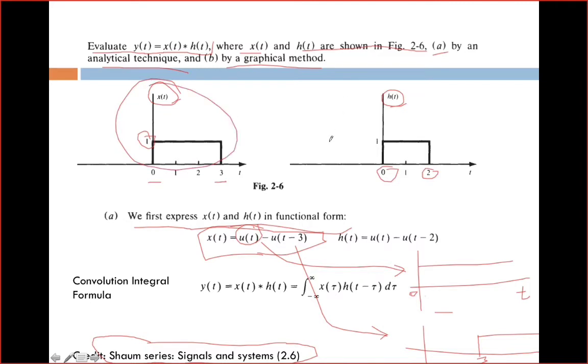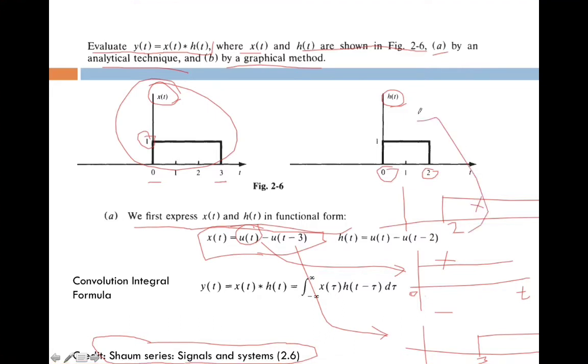Similarly, to generate h of t, you have to subtract u of t minus 2, the signal starting at t equal to 2, from u of t.